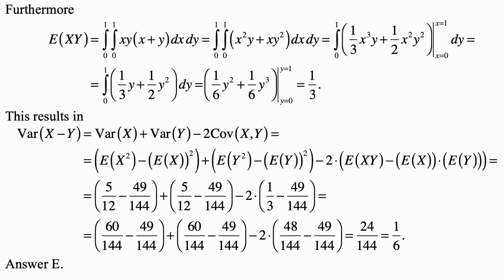Okay, so 60 minus 49, that's 11. And another 11, that's 22. And then 2, because minus negative 2 will become 2. So that's altogether 24 over 144. And that's 1/6, which is answer E.